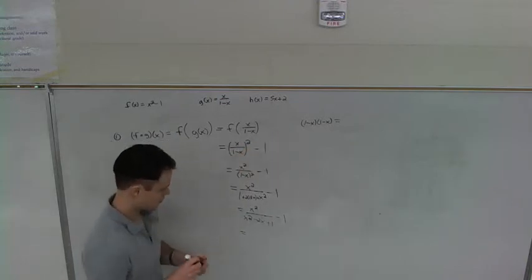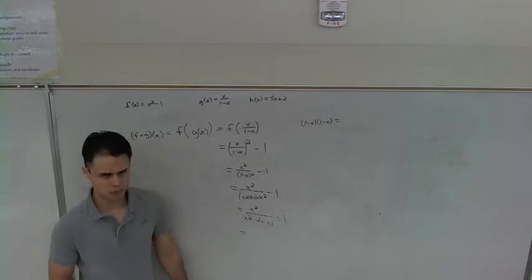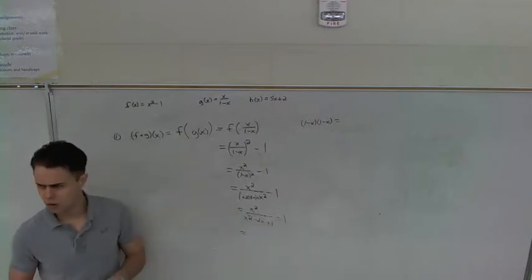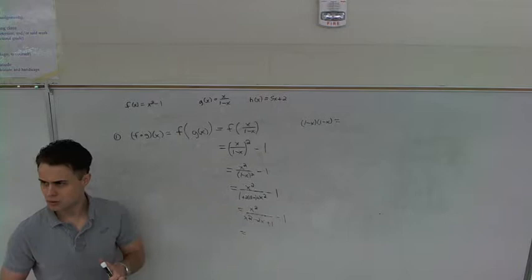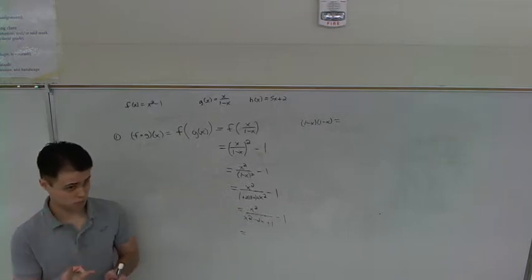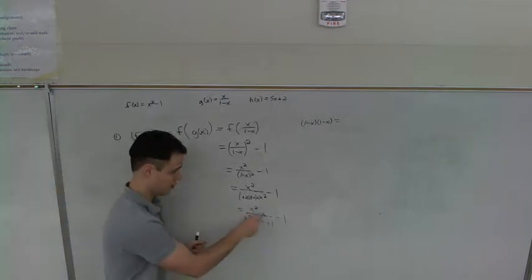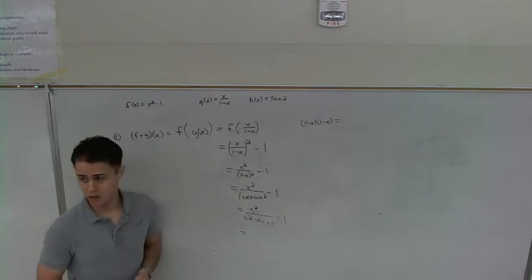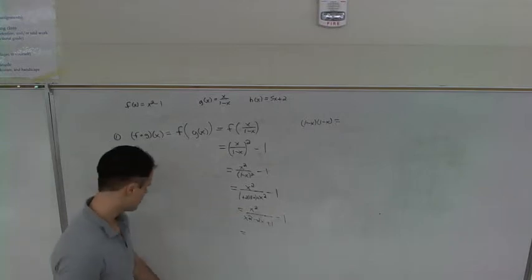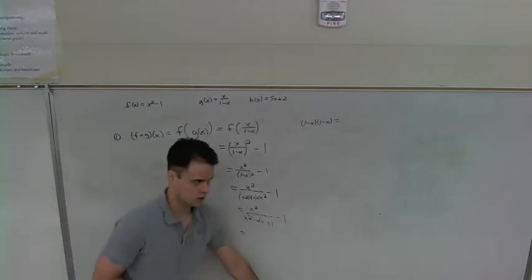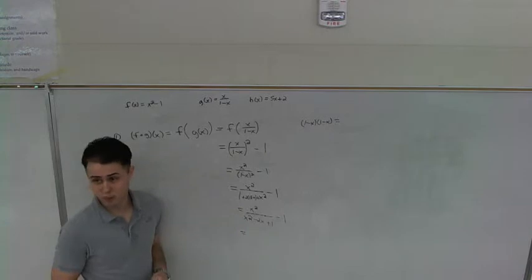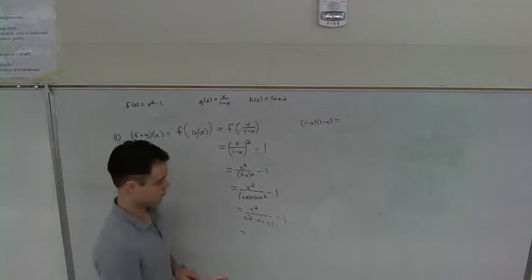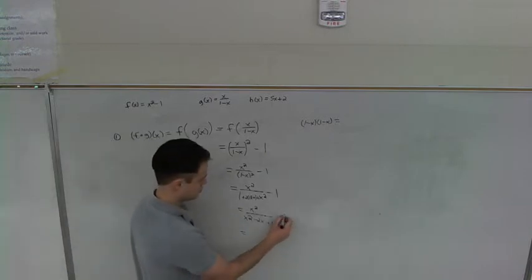Now let's simplify that one little bit more. So how many terms do I have right now? 1, 2. I want them to have the same denominator because I can't work with that easily later on. So what I need to do to fix it, I need to make it have the same denominator, right? So this one is just 1 right now.